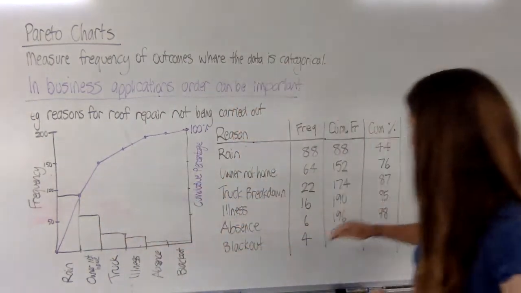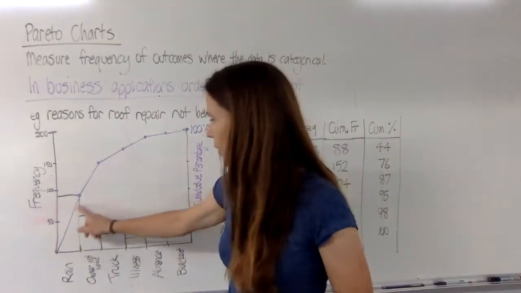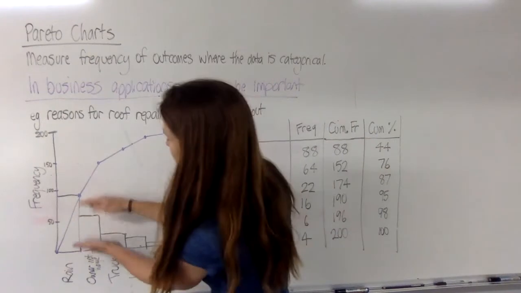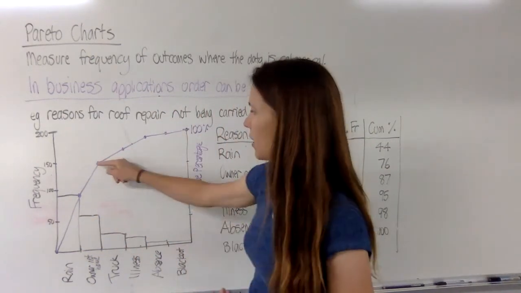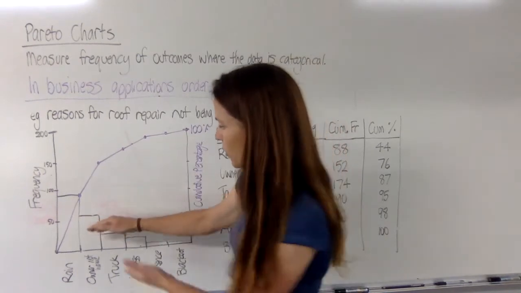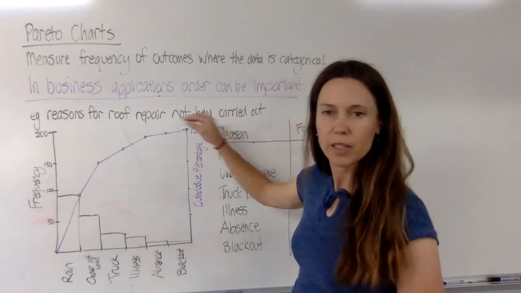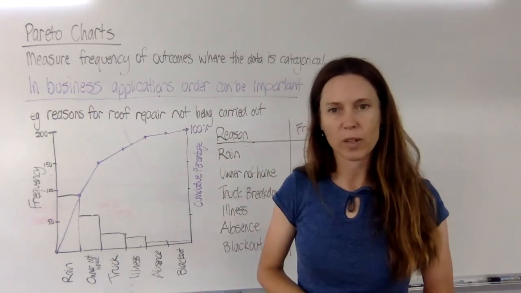We can see that 44% of the problems are caused by the rain. And then going up from there, we have the height of each box added on. And so as the boxes get progressively smaller, the dots, which would equate to where the top corner of that box would be, get progressively closer together and they even out towards the top. So 2 different pictures on the one graph.